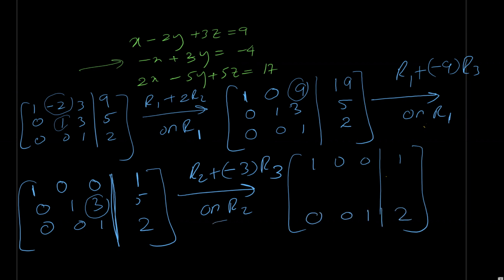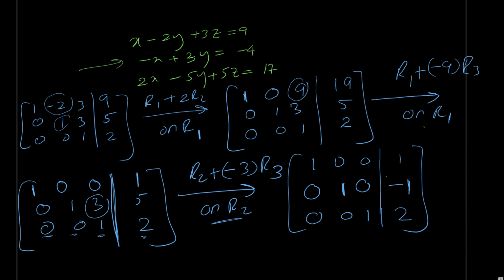So we are replacing R2. So 0, 1, because here they are 0. The only place it's going to affect is here and here. So 3 plus negative 3 times 1 is negative 3, so 0. And 5 plus negative 3 times 2, negative 6. So 5 minus 6, negative 1. And we are done.